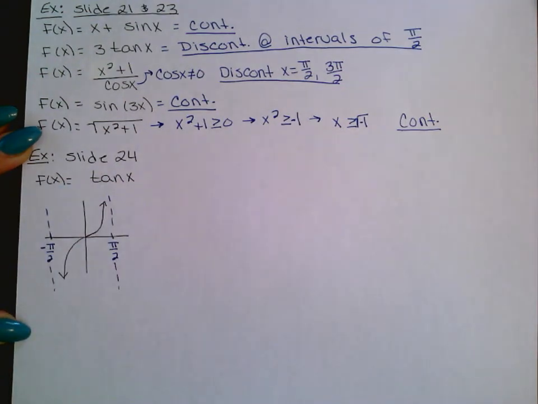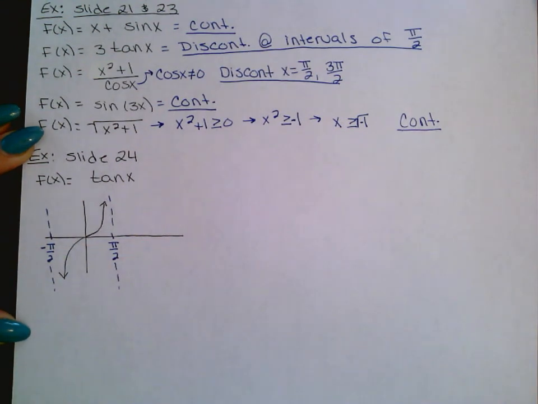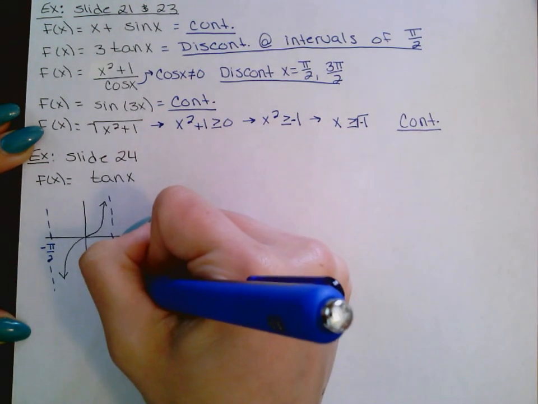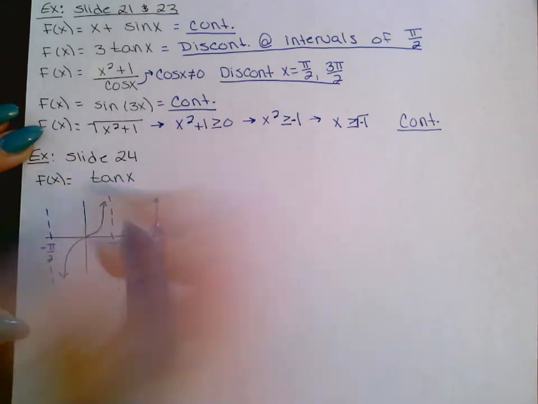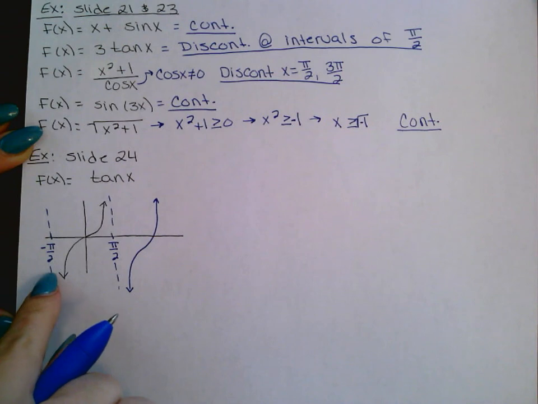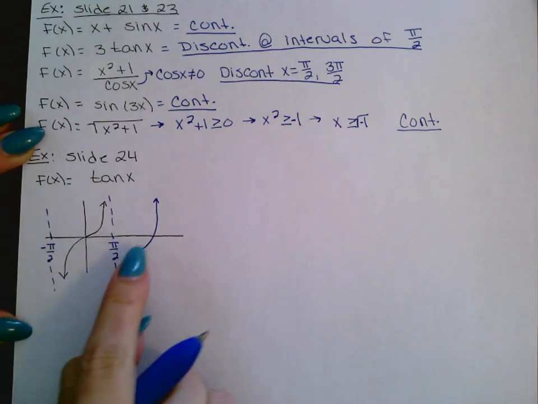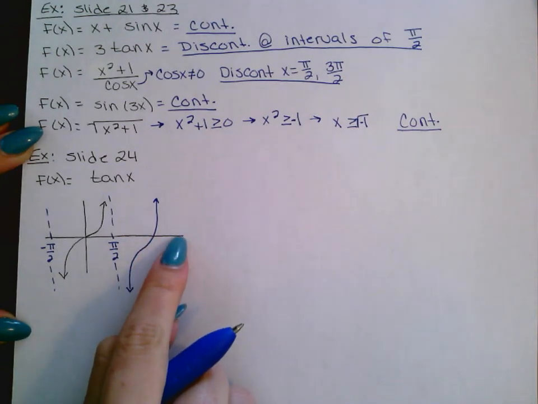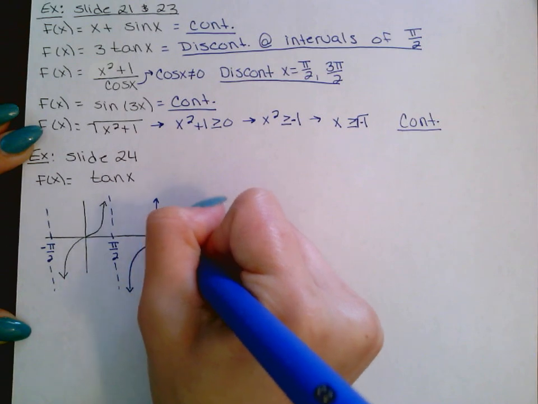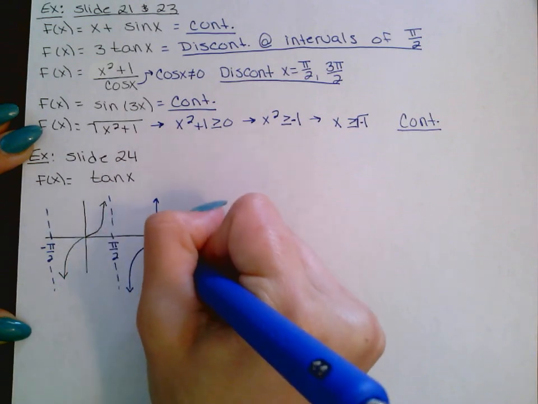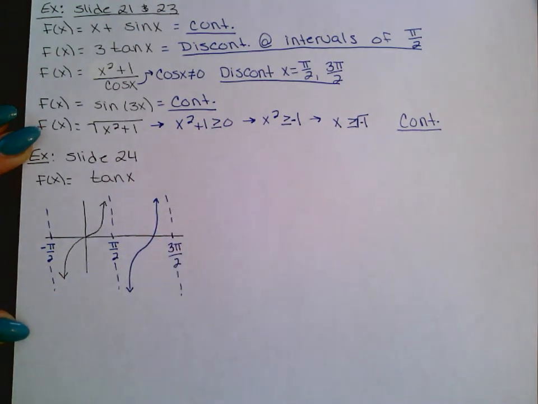This function, if I were to keep going, would continue on again. And if this is a cycle of an entire pi, from negative pi over 2 to pi over 2, that's one full pi. That means I'd add a whole pi to pi over 2, which would give me 3 pi over 2, which you could see is another multiple of pi over 2. Okay, just to show you two cycles really quick.